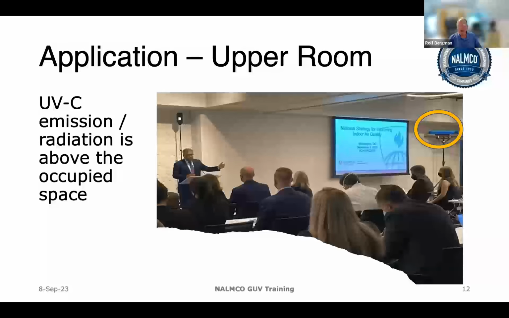So the light then comes in a beam, which is regulated so it doesn't go below 7 feet and can reach the ceiling, but also try not to hit the ceiling too much. Mostly they want a beam of light above the heads of people. So that is the major application for upper room, the low pressure mercury lamp in some kind of configuration like this.